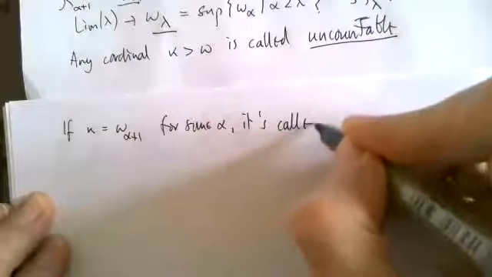So if kappa equals omega alpha plus 1 for some alpha, it's called a successor cardinal.